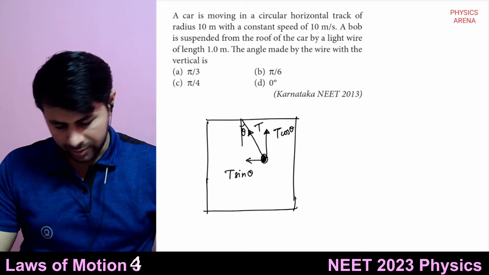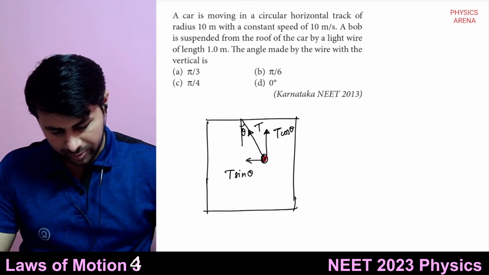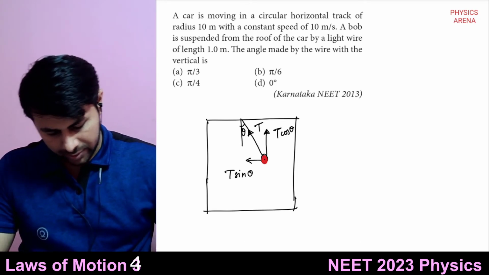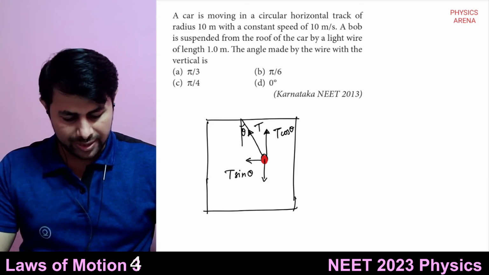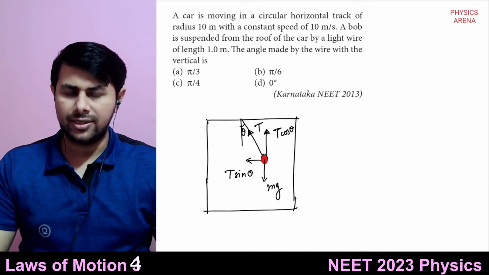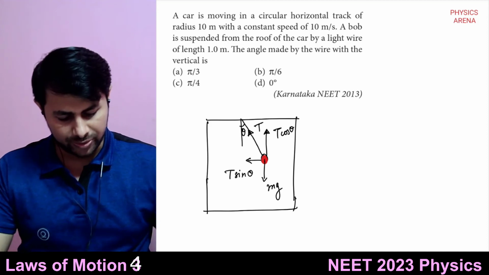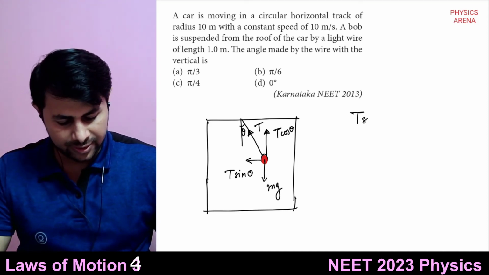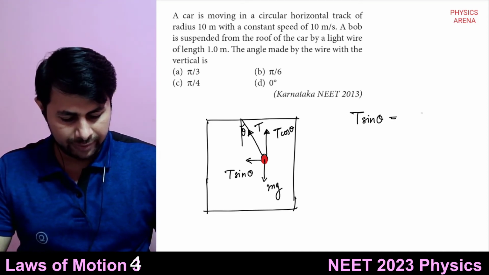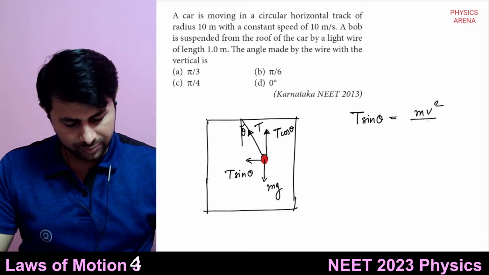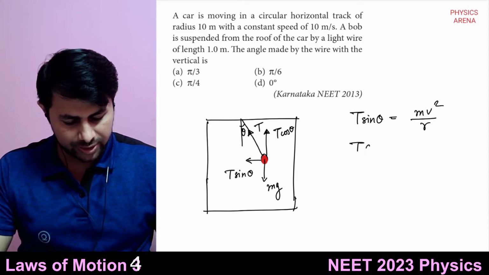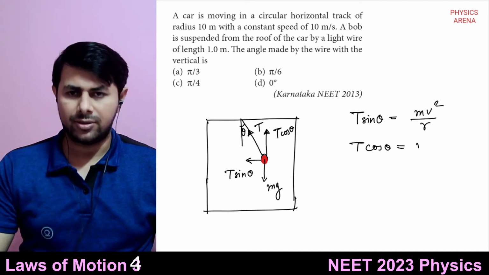So for this bob, t cos theta balances the weight and t sin theta provides the centripetal force. So t sin theta equals m v square upon r and t cos theta equals mg.